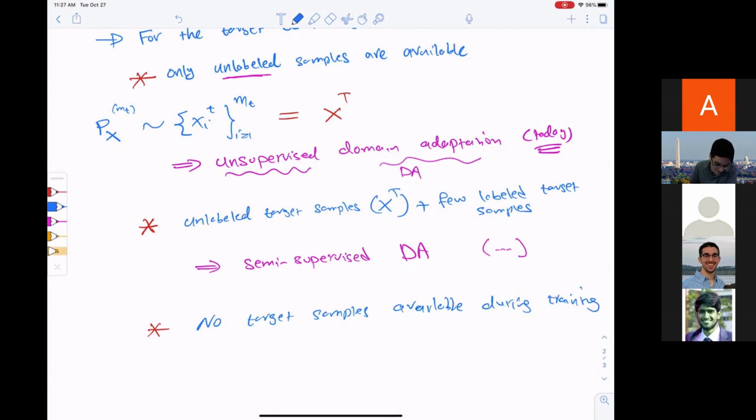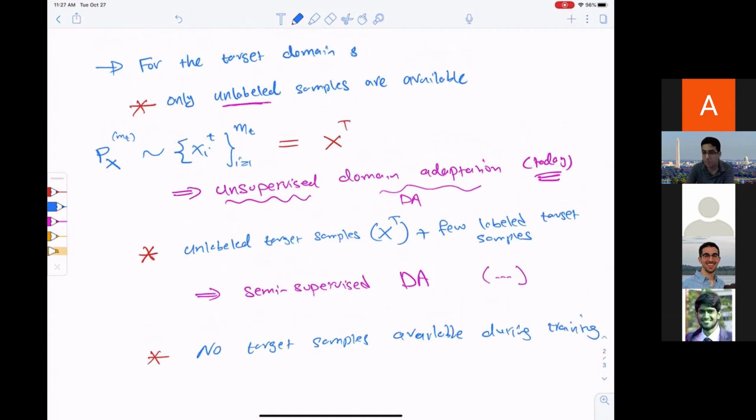Right, so in the domain adaptation problem, the idea was that my source and target distributions are somehow related. So if I have some unlabeled samples from the target and the source, I can somehow learn a reliable function for the target domain as well.